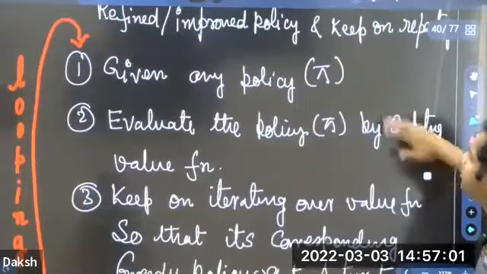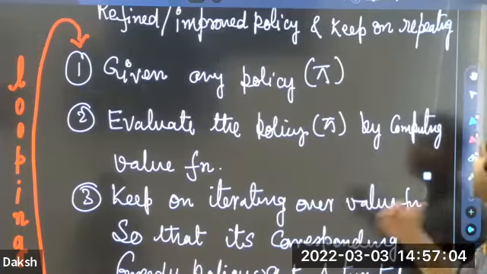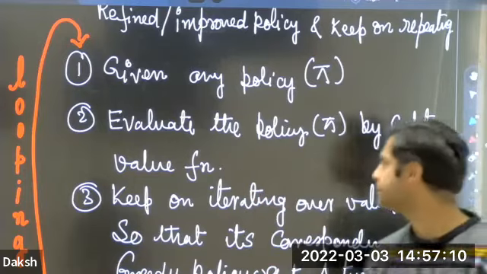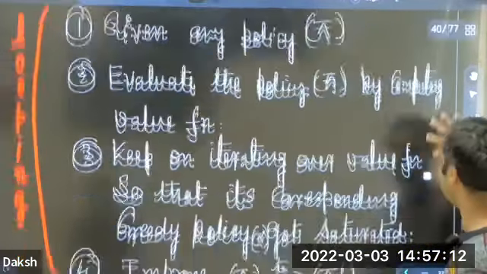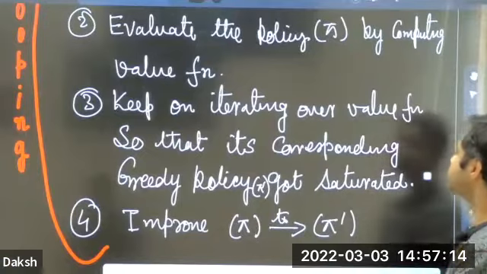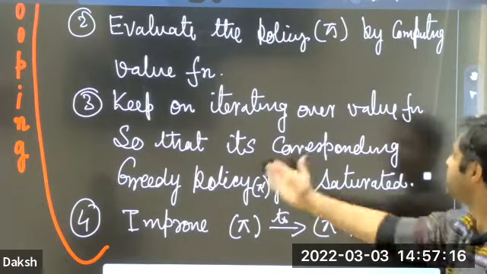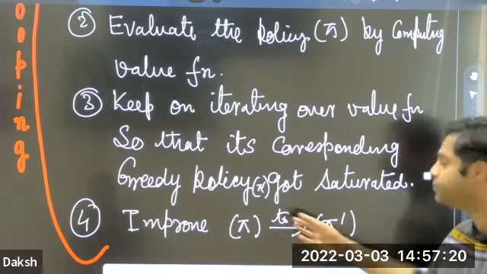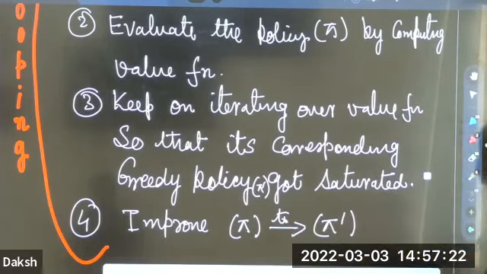So given any policy pi, evaluate the policy pi by computing the value function. Keep on iterating over that value function so that its corresponding greedy policy gets saturated, and then improve your pi to pi dash.